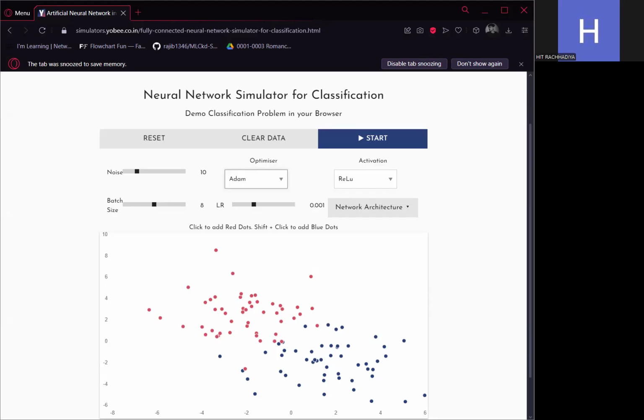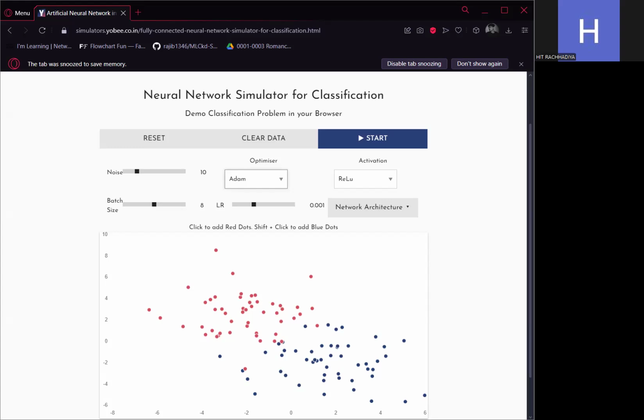And when we have a large batch size, it gives us smooth gradients and stable updates, but it requires more memory and it may lead to overfitting.